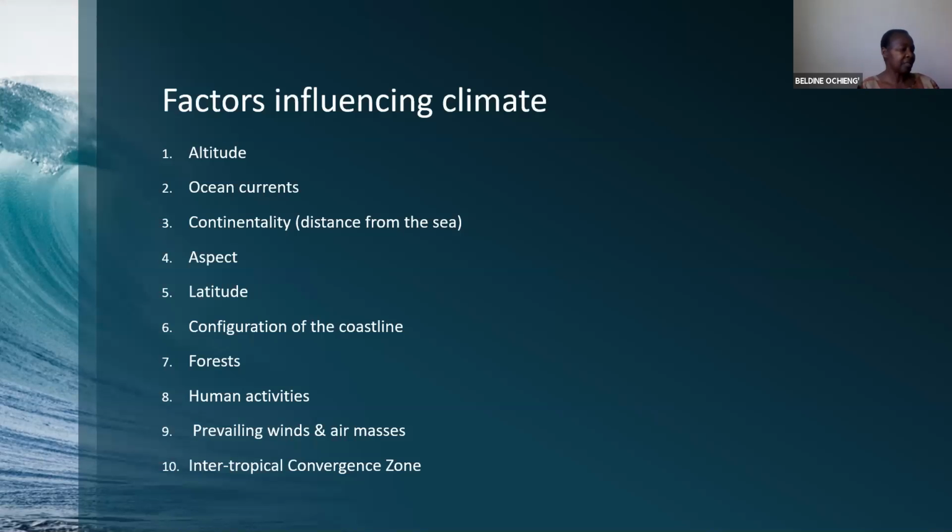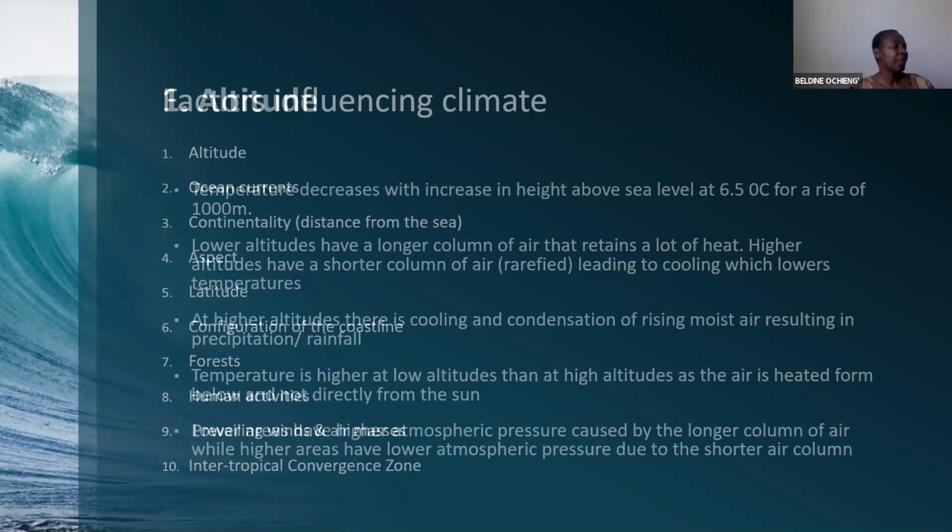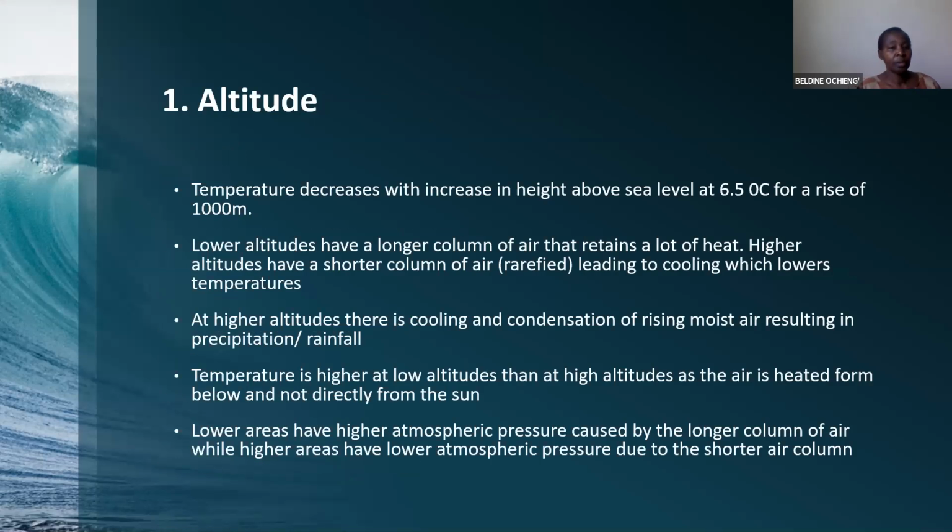It is in terms of the migration of the overhead sun, north and south of the equator. How is it affecting rainfall in this tropical region where the winds are converging? So we are going to start from altitude.